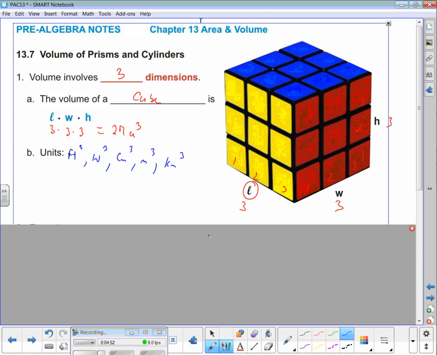You can go yards cubed if you want. You could go furlongs cubed if you want. You watch the Kentucky Derby, they mention furlongs. It's just a different measure there. You could go miles cubed. If you were talking about the New Jerusalem, we'd talk about miles cubed. All right, cubic units, not a big deal.